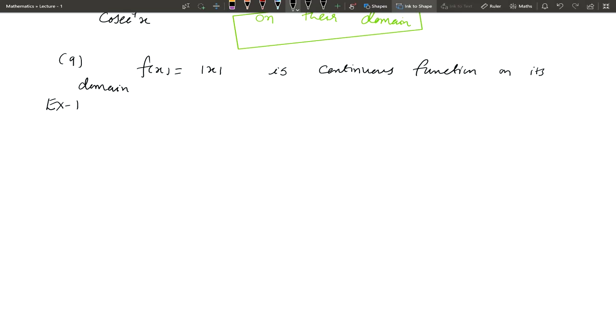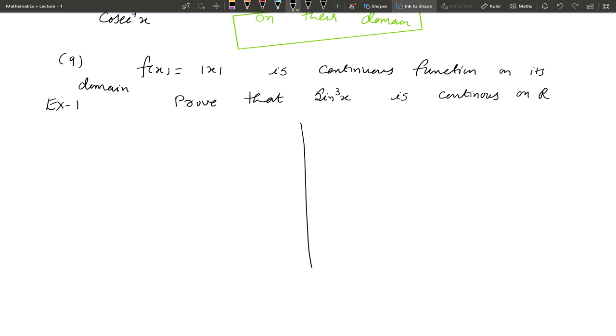Example 1. Prove that sine cube x is continuous on R. First you note that we know that sine is continuous on R. Now there are more methods to prove sine cube x is continuous.